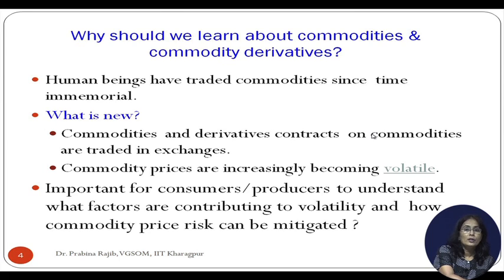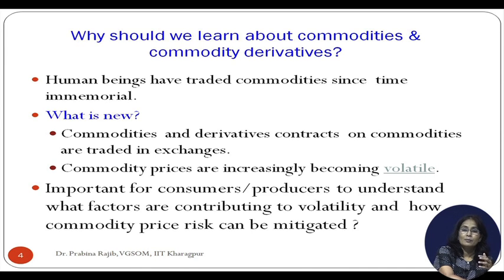So why we need to understand about commodities or commodity derivatives is that commodity prices are increasingly getting volatile, and to mitigate the price risk associated with these commodities, commodity derivative contracts are getting available in commodity exchanges.